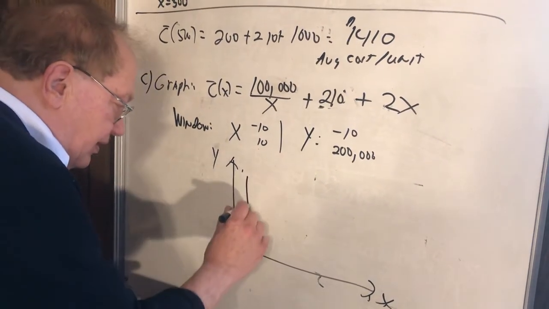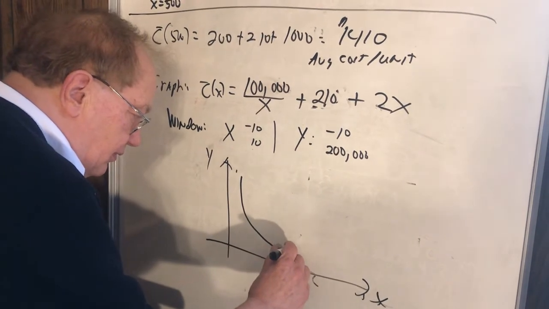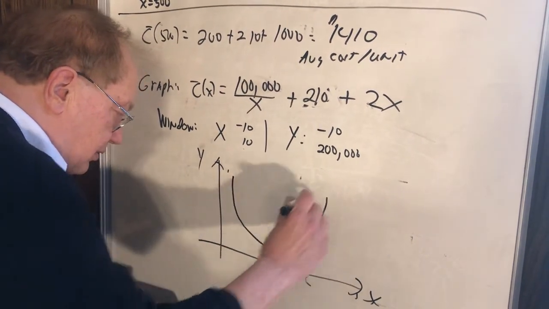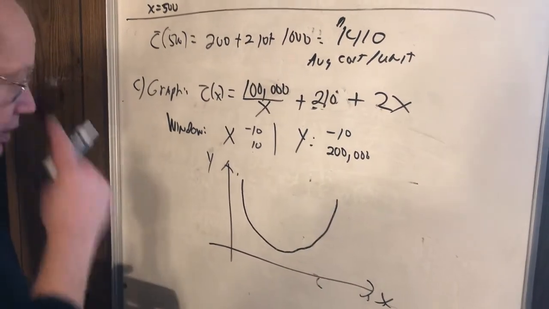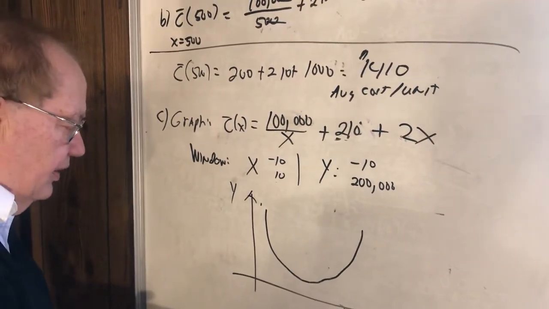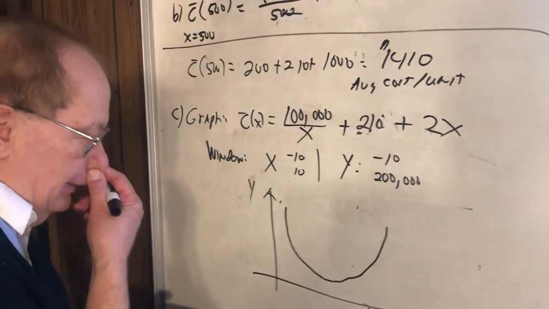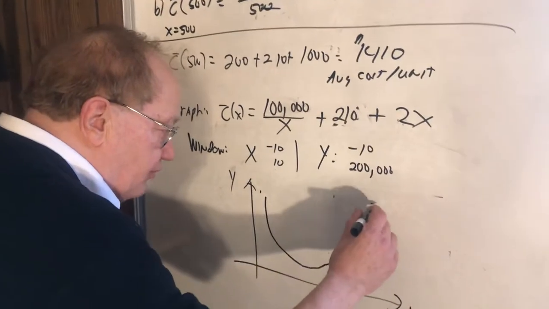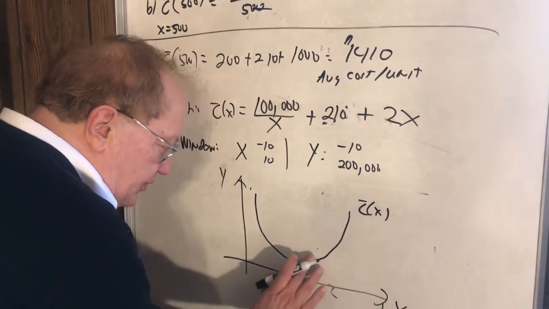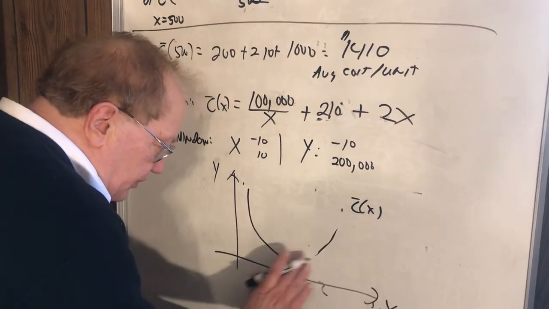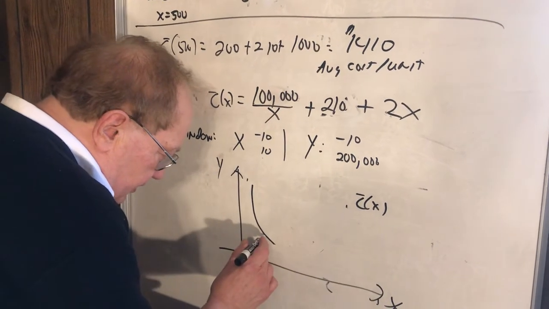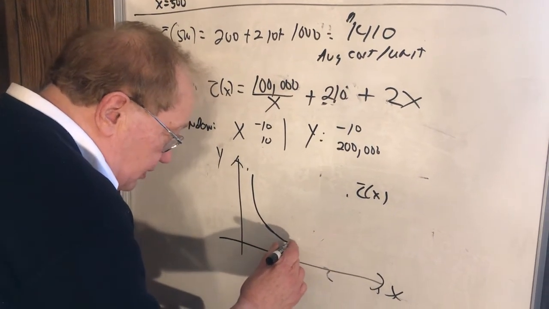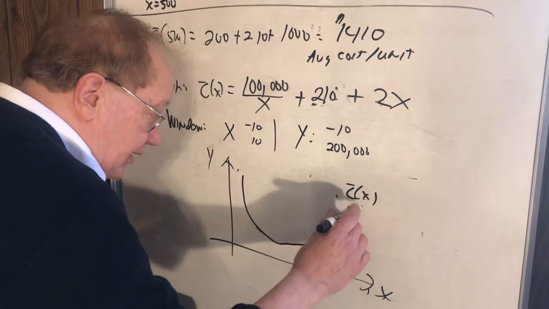It looks something like this. Okay, this is what your graph looks something like. This is your average cost graph. It's not completely symmetrical. I'm not drawing it right because my drawing skills suck. So this goes something like that.